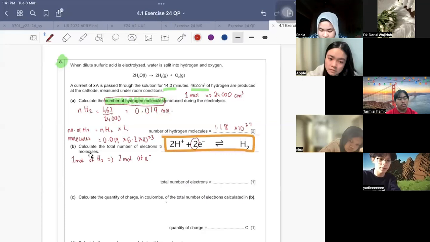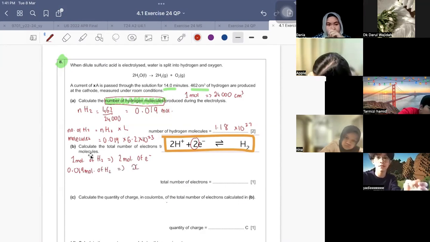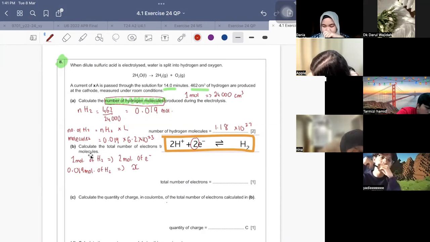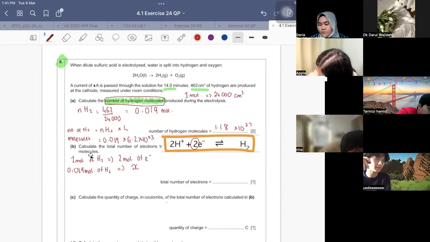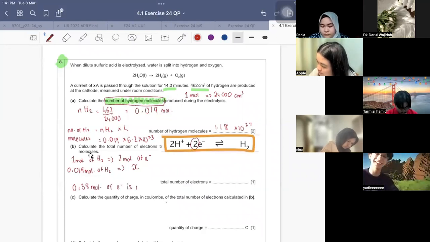But we know that in this setup, we did not produce 1 mole of hydrogen. We only produced 0.019 mole of hydrogen. So how many moles of electrons is that associated with? So that means to produce 0.019 mole of hydrogen, you need double that amount. 0.038 mole of electrons is required.